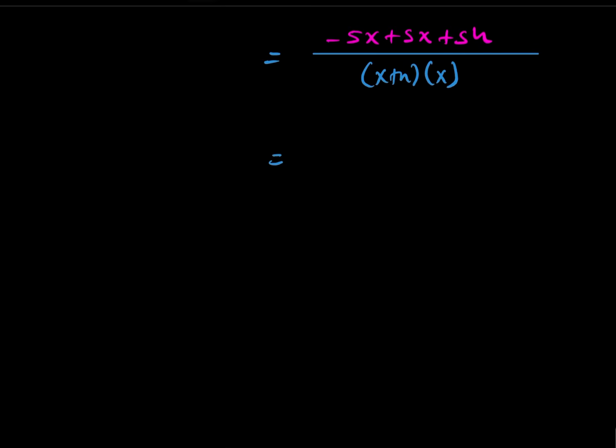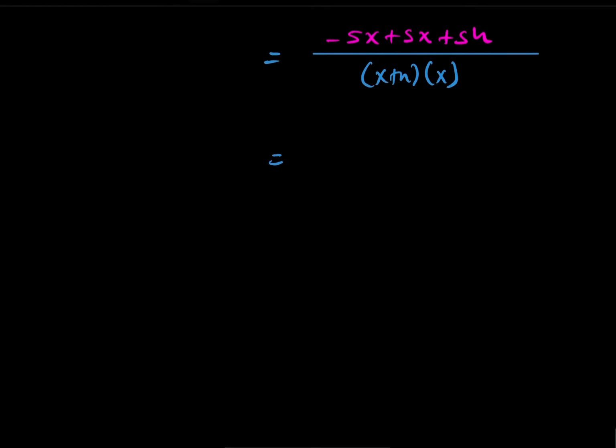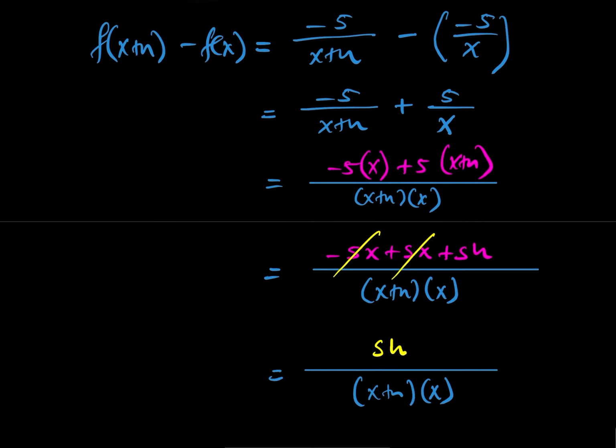We are going to get x plus h times x. In the numerator, minus 5x and positive 5x undo each other. Now we get 5h.